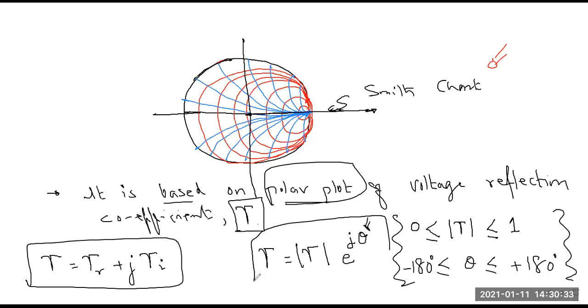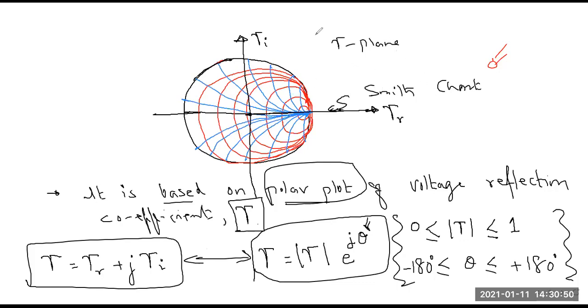So this number, which was represented in this form, you can also represent in this manner. This axis will be called the real gamma axis, and this axis will be called the imaginary gamma axis. And this is what I'm calling the gamma plane.